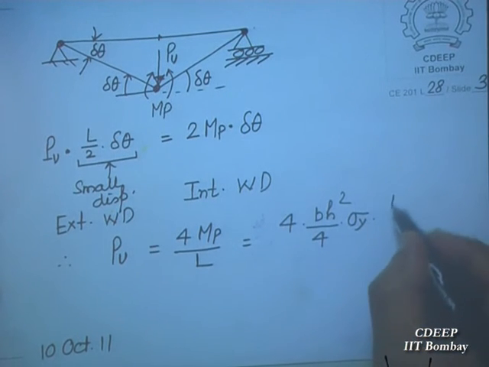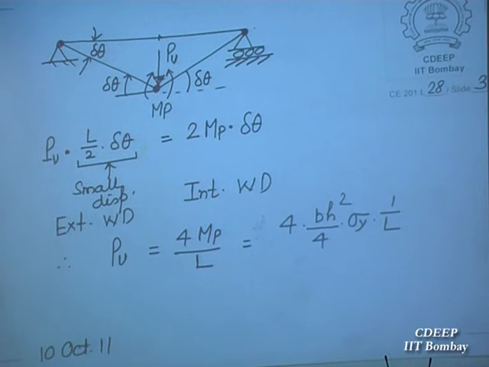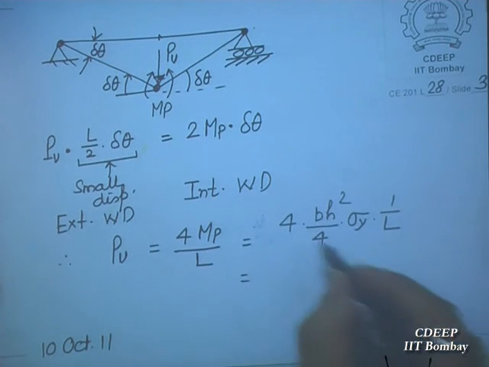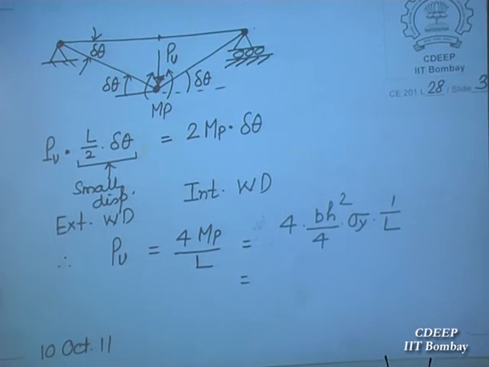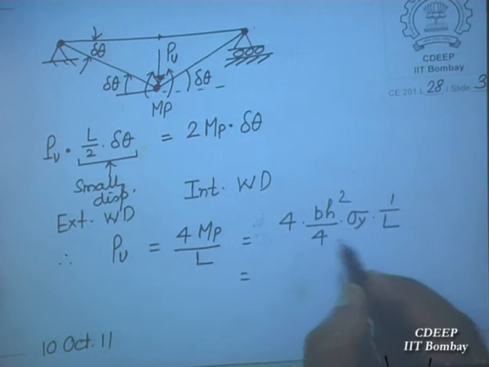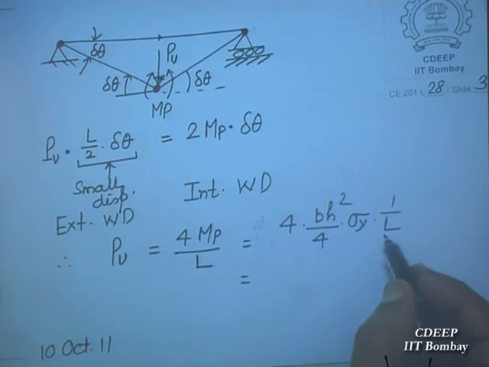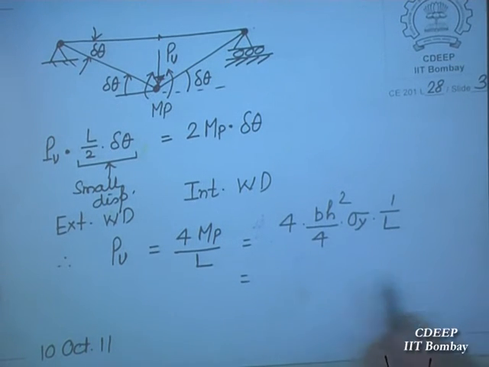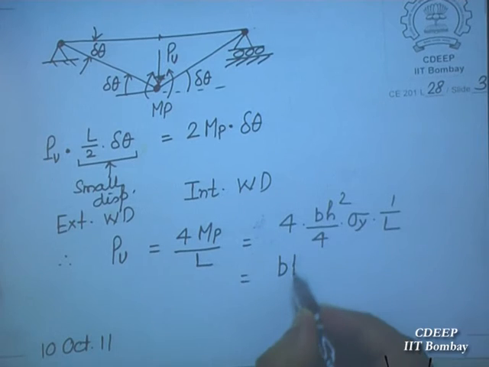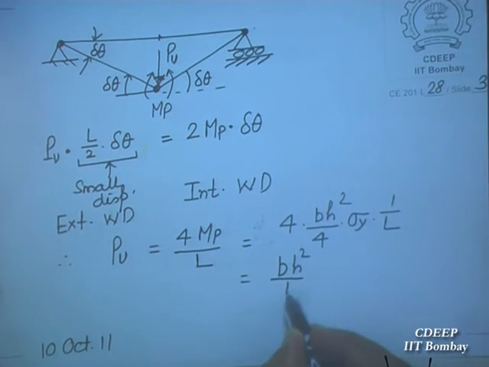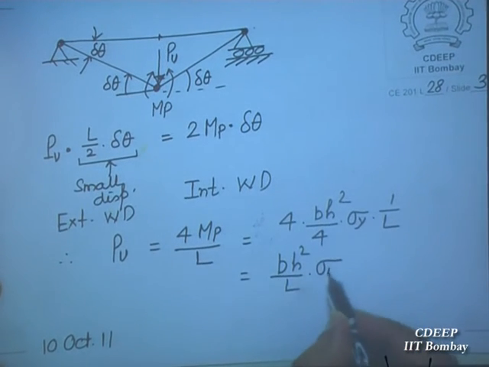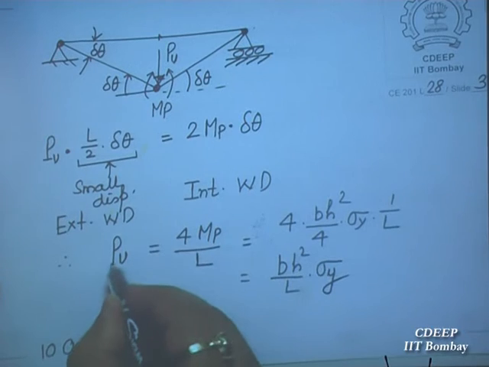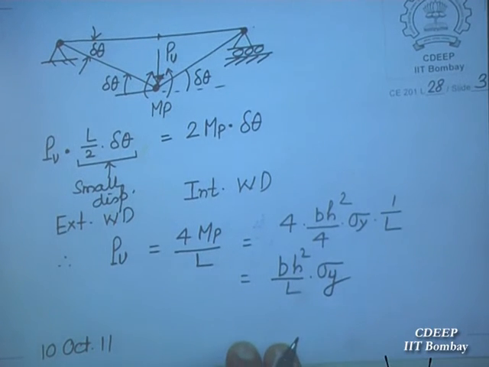So how much is this? Please write it. BH square by 4 sigma y, 4 MP by L, the 4s cancel. So you get BH square by L into sigma y. You can find out what is the ultimate load capacity of the beam.